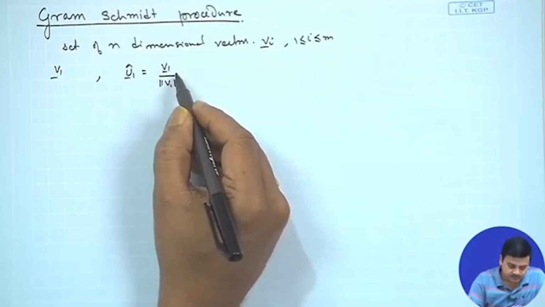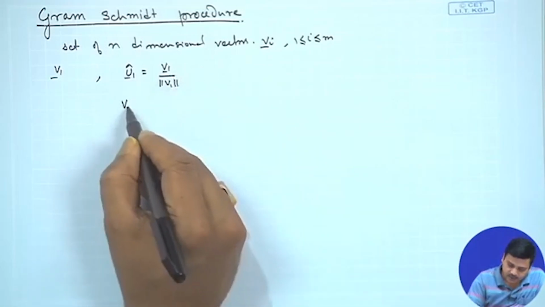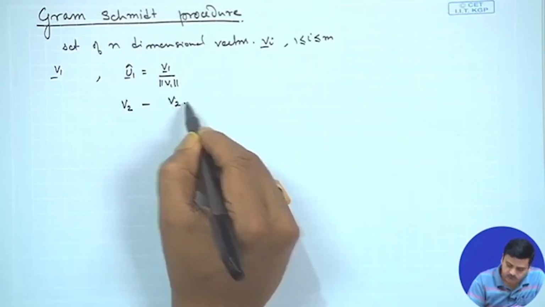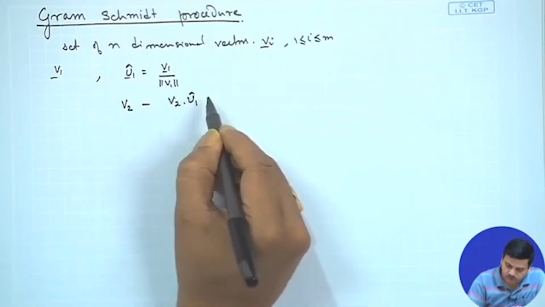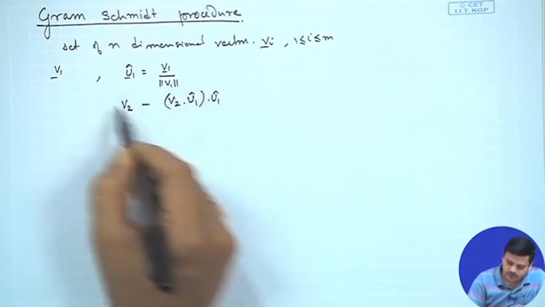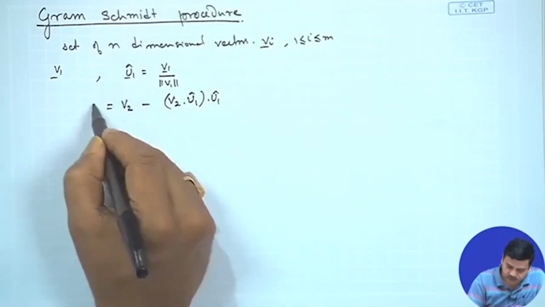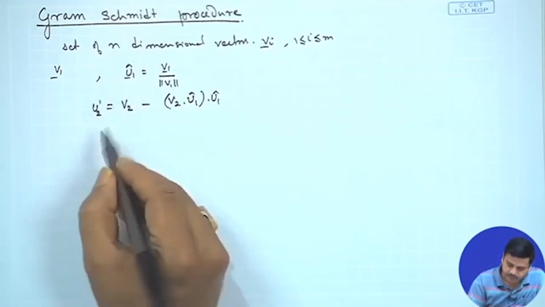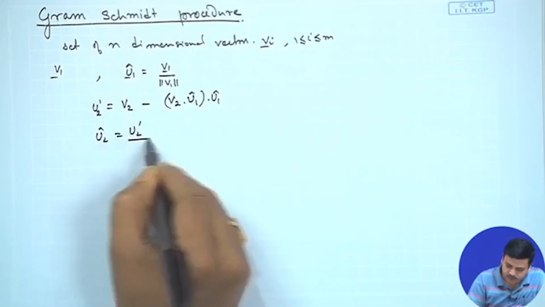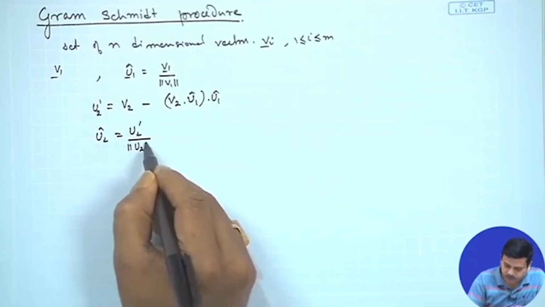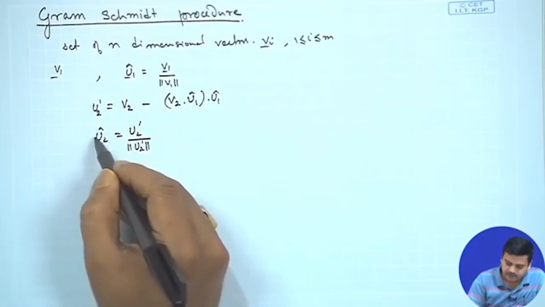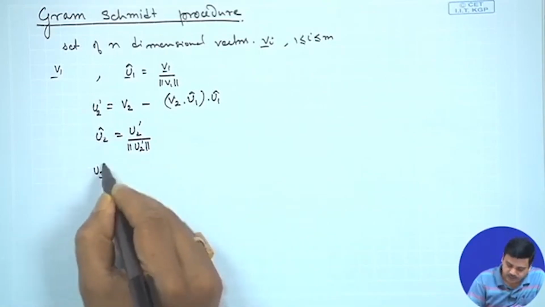So, it is a unit vector, and then you take v2 and take away from v2 the projection of v2 on u1, right. So, if you do this, then you create a temporary vector u2 prime, and then you would create u2 cap as u2 prime upon the length of u2 prime. So, now you have created another unit vector, right, and you proceed further.